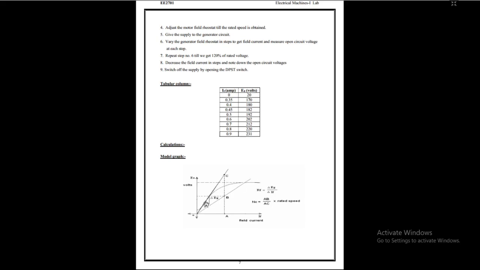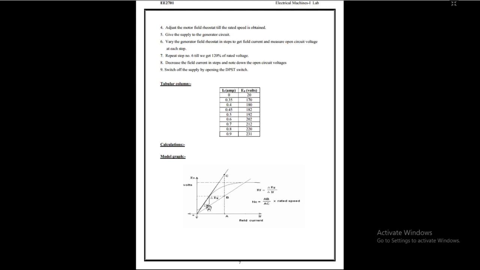This one is the tangent of this curve, and the other is a straight line from the origin to the point on the curve it touches. From that straight line, you will get the field resistance.